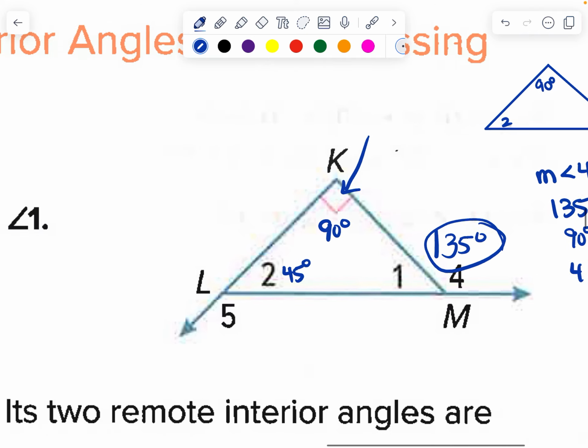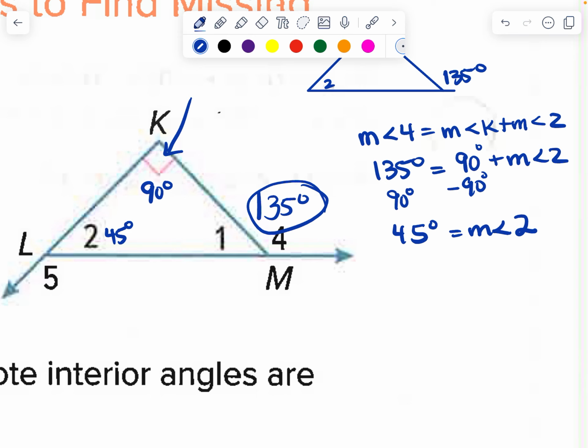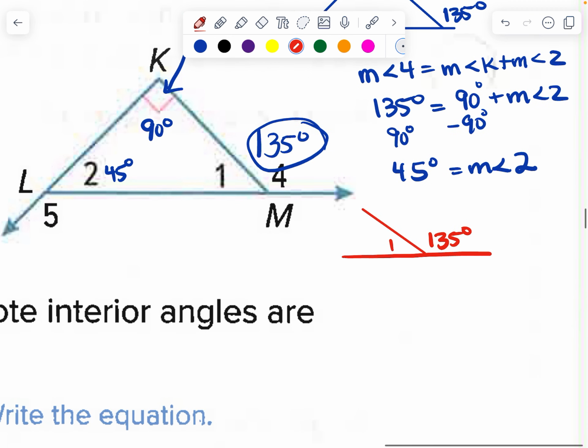Okay? Then it wants us to find the measure of angle 1. So if I look at this in a different color, this is 135. This is angle 1.